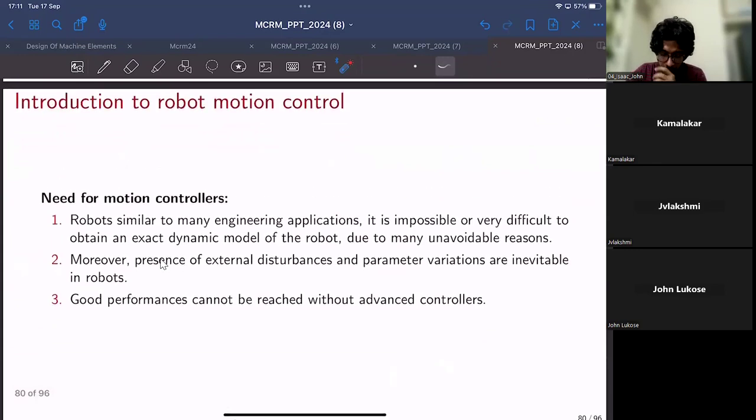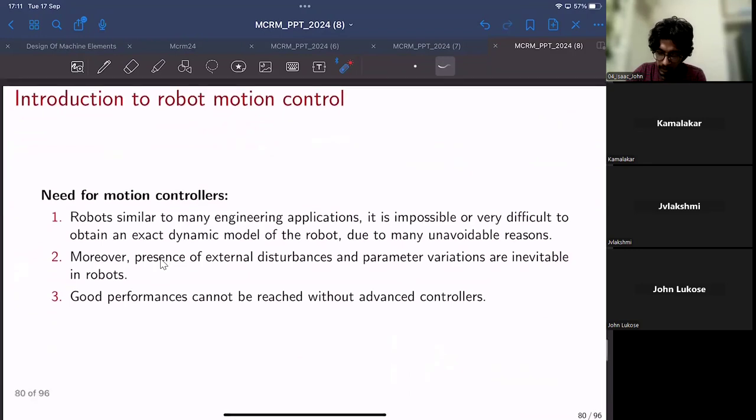But here I would simply like to skim all these topics. We have discussed the need for a motion controller, because we know that the dynamic models are not perfect, and some of the parameters that we have computed may change as time varies, and not all the physics can be modeled in the dynamic model.